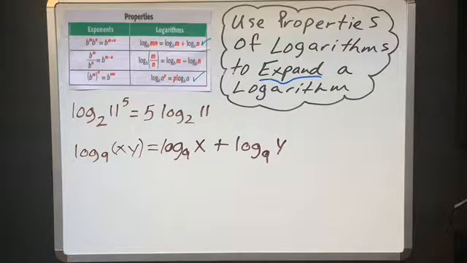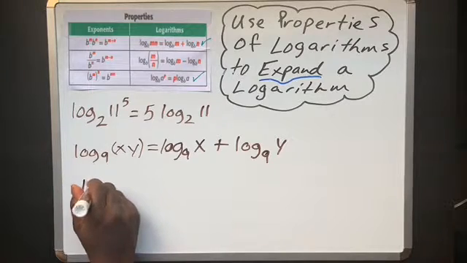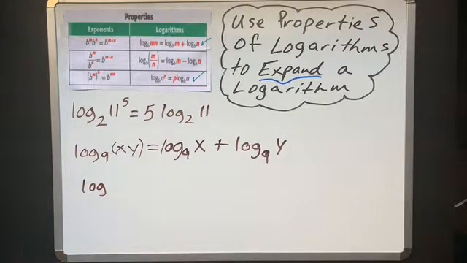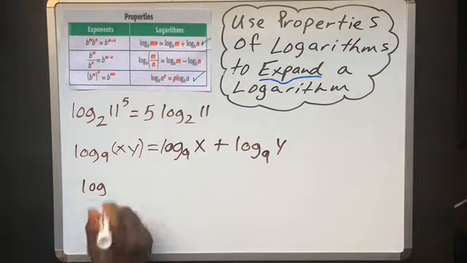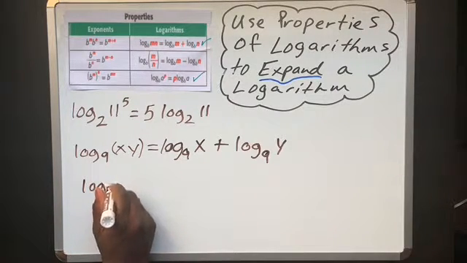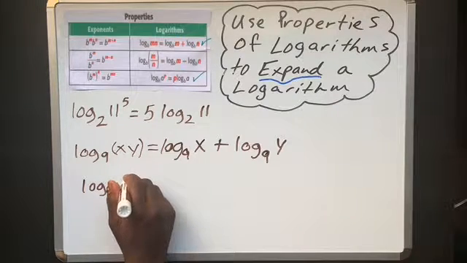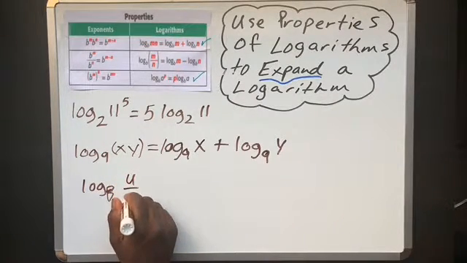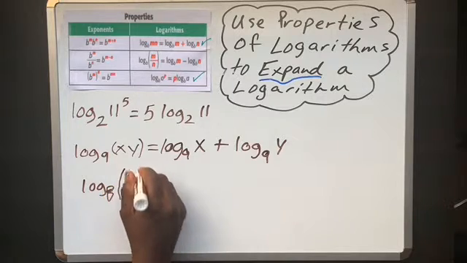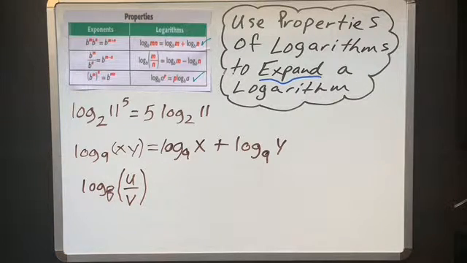Now, let's expand a logarithm using this property here. So let's say we have log base 8 of u divided by v. I'll put that in parentheses. Sometimes they don't put the u over v in parentheses, but I'll do it in this case.